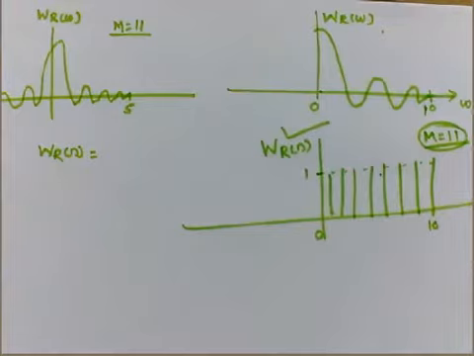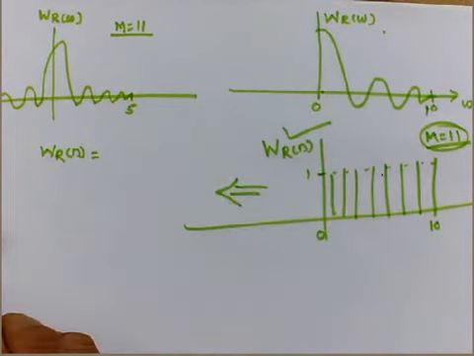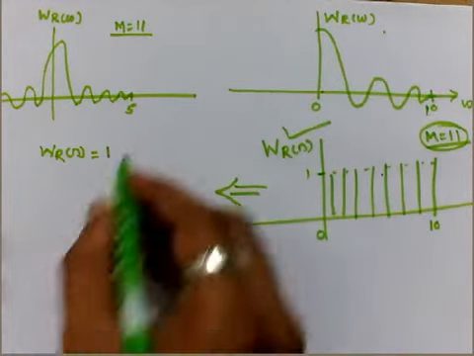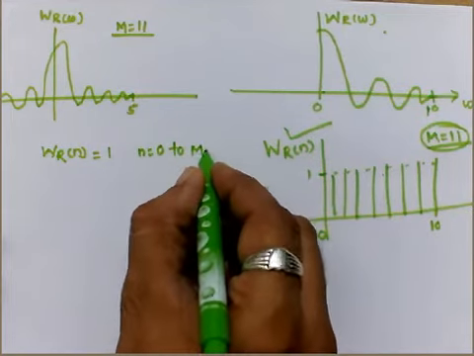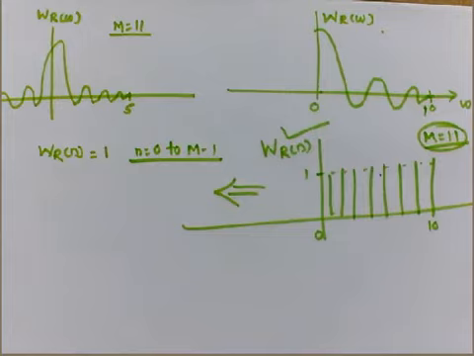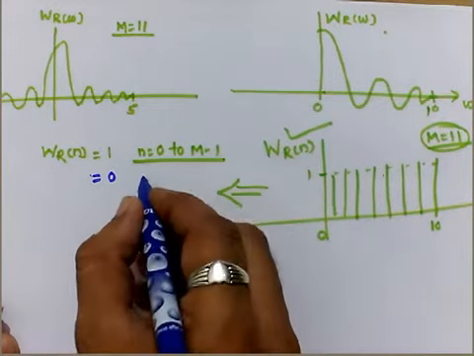Now it will have the amplitude 1. So to write this in terms of the representation, this is what 1, and the value of n is ranging from 0 to M minus 1, that is the length of the filter. So this is what WR of n, and for rest of the cases it is 0.